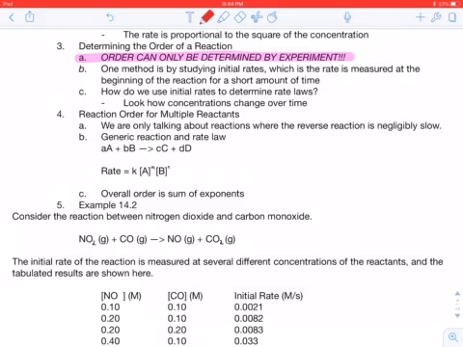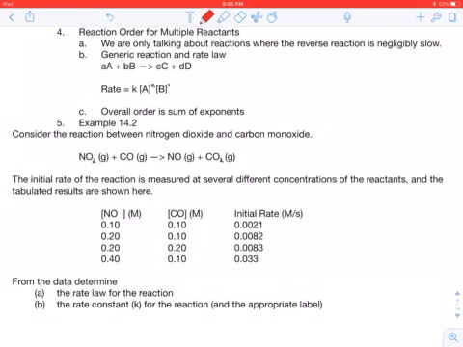Now, most of the time we want to know each reactant, and most of the time there's more than one reactant, so how do we do it for multiple reactants? Basically, we add up the two and figure it out from there. So let's look at a generic equation. This generic equation is the one that we're going to use throughout our examples, so it's kind of important to look at.